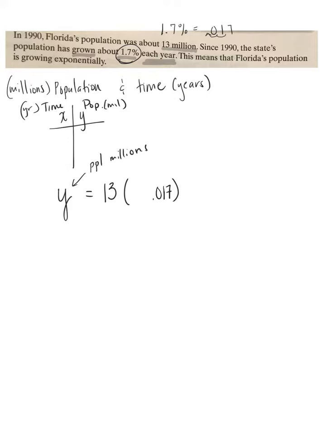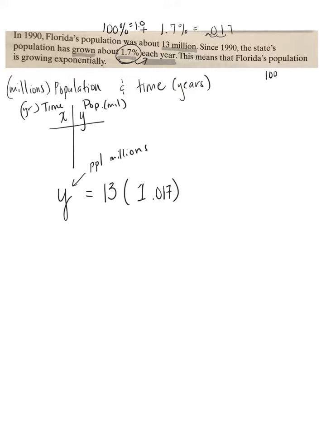So I'm going to multiply my population not by 1.7, but by 0.017. And frankly, I have to add it to, if it's growing by this each year, then I'm adding 1.7% to the actual population of the previous year, or the 100%. So it's increasing exponentially. Every year I have to multiply it by 1.017. Where'd that 1 come from? Well, 100% equals 1.0.